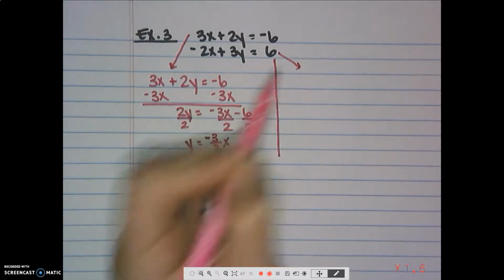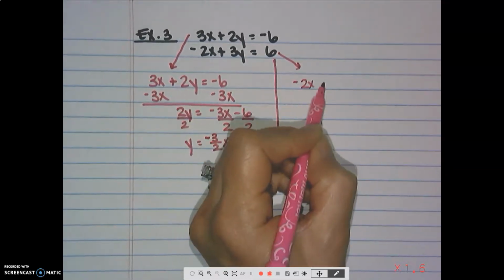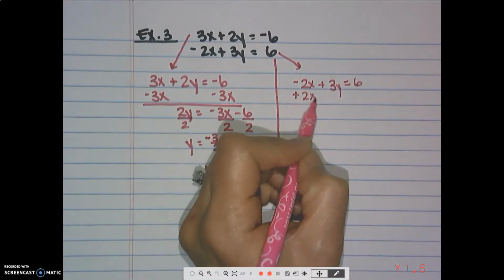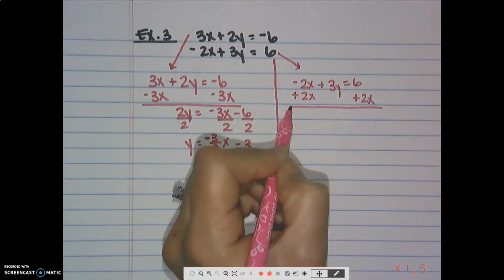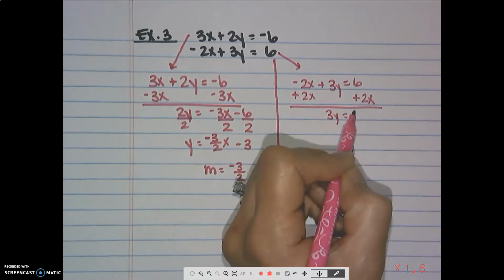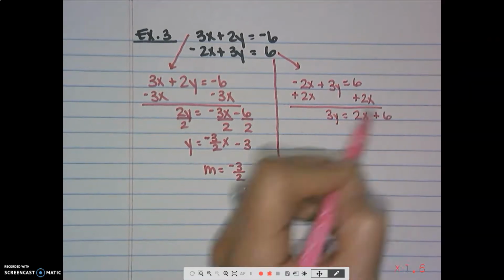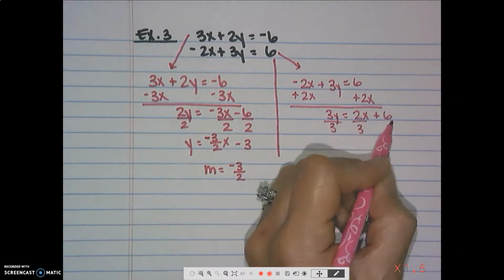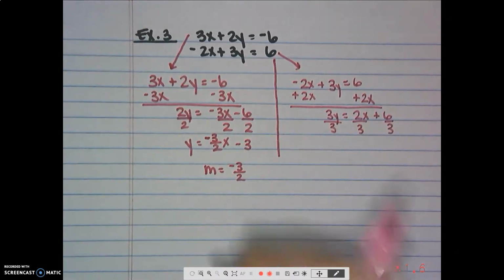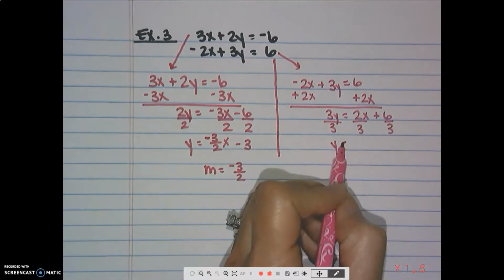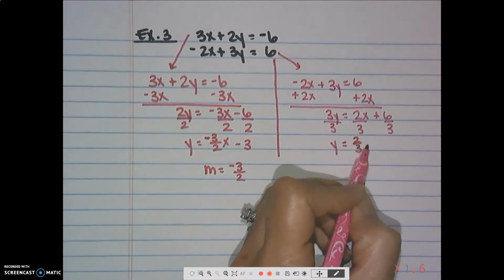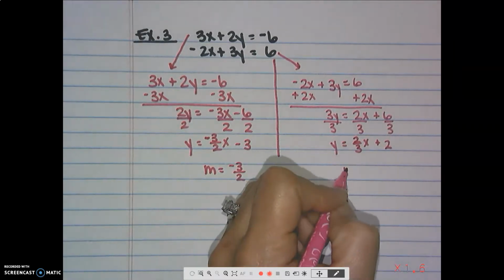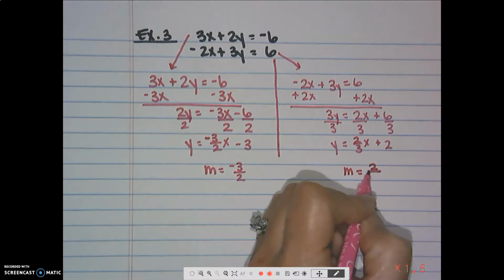For the second equation, we have -2x plus 3y equals 6. So we can add 2x to both sides. That gives us 3y equals 2x plus 6. And then we're going to divide each side, or every single piece, by 3. So we get y equals 2/3 x plus 2. So here our slope is the 2/3.